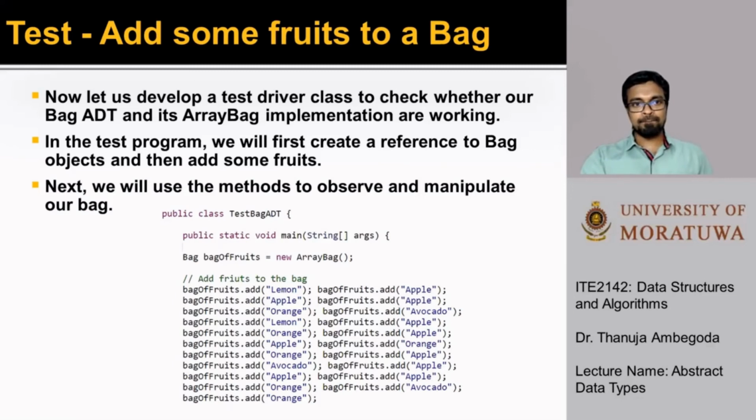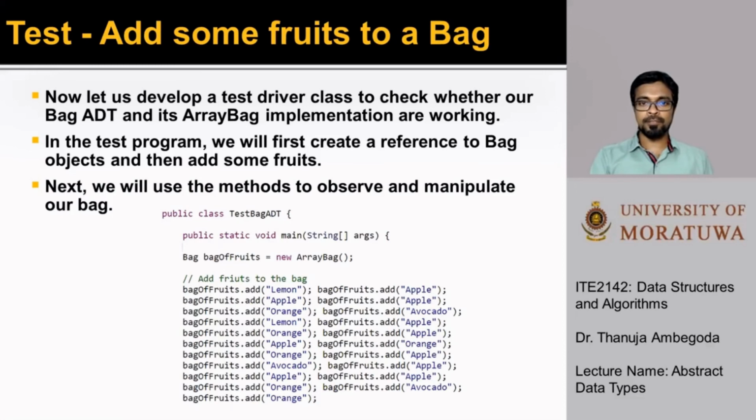Okay, next, let's develop a test driver class to check whether the bag abstract data type and its array bag implementation are working as expected. For this test program, we will first create a reference bag of objects and then add some fruits.